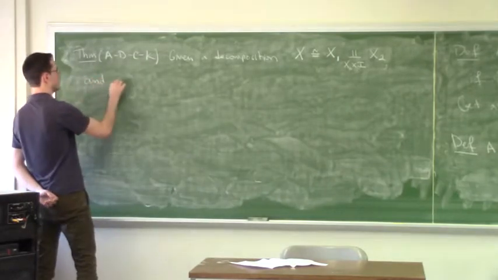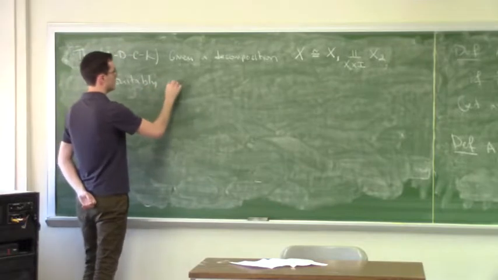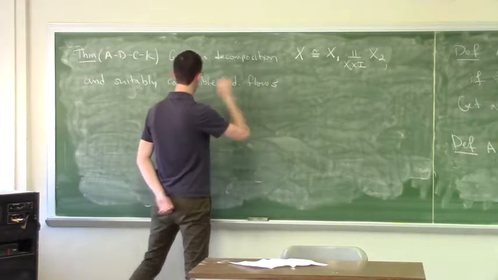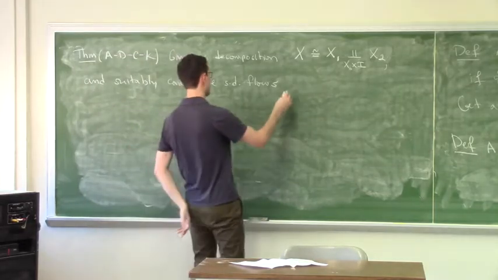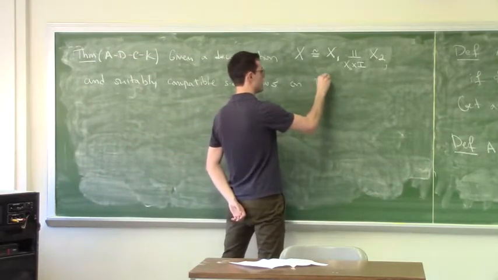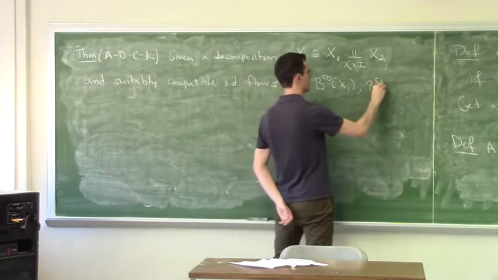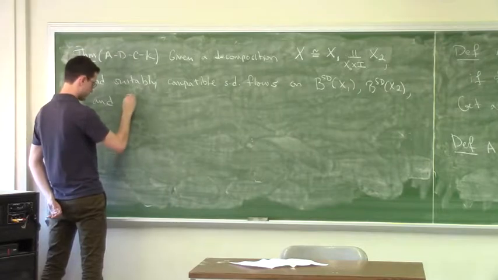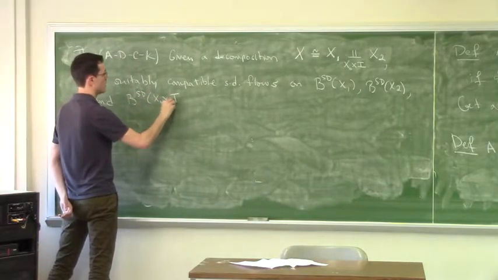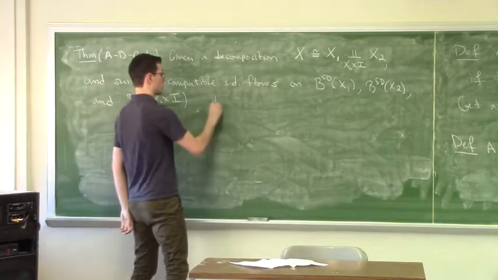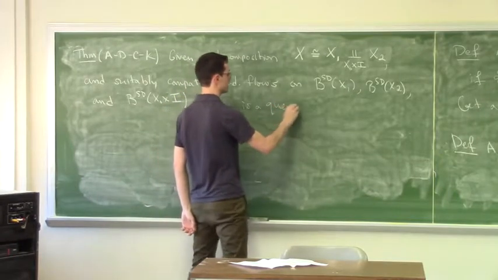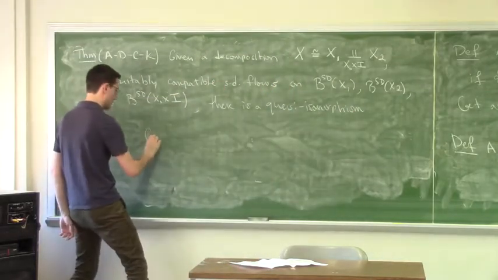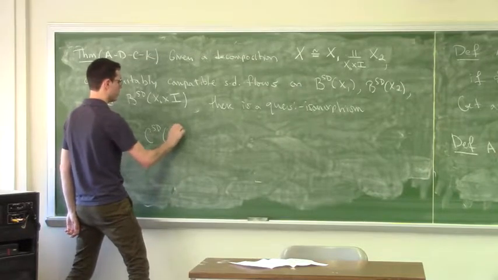And given also the data of suitably compatible subdivisional flows, and saying precisely what that means would take some time, on the subdivisional configuration spaces of x1, x2, and the bridge, x0 times I. There's a quasi-isomorphism from the subdivisional chains on the full configuration space.